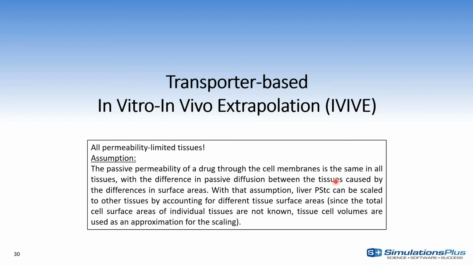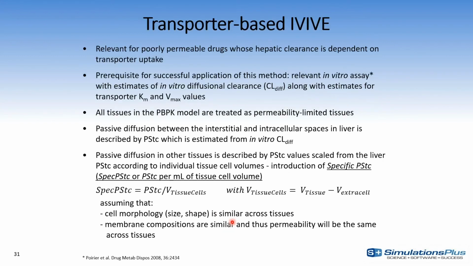If we scale by its surface area, then we can apply this value for all the other tissues and multiply by the surface area in other tissues. We'll be able to calculate the PStc value for all the other tissues. But since the surface area is usually hard to measure, it's unknown, we'll use the tissue cell volumes instead to estimate such a scaling.